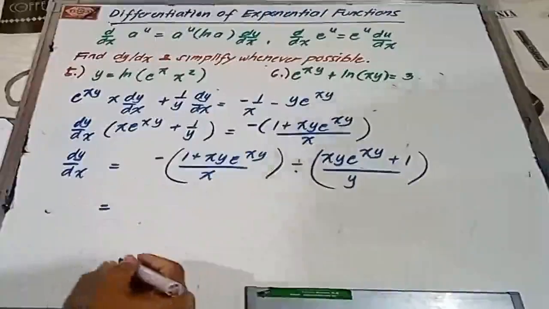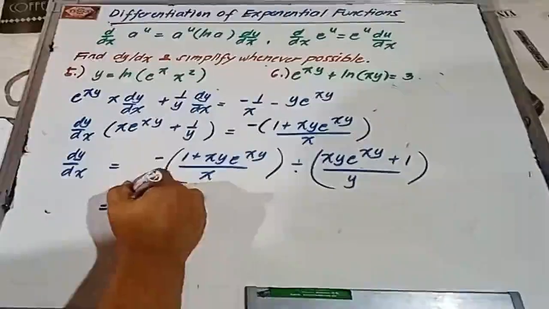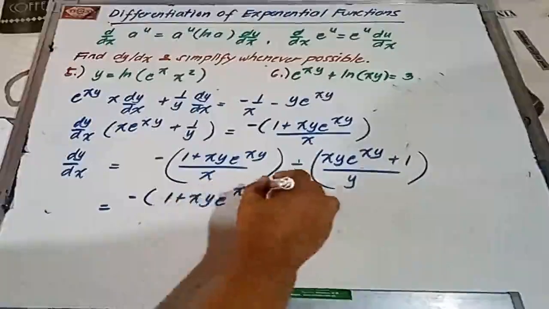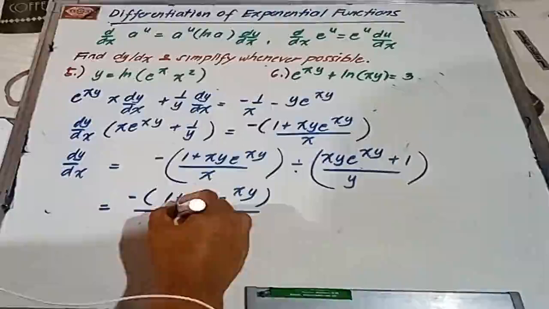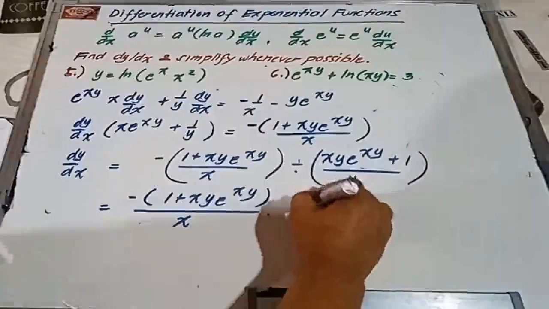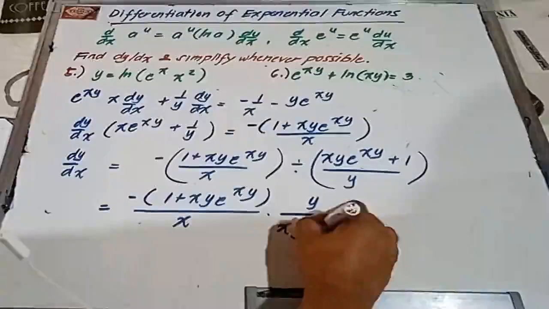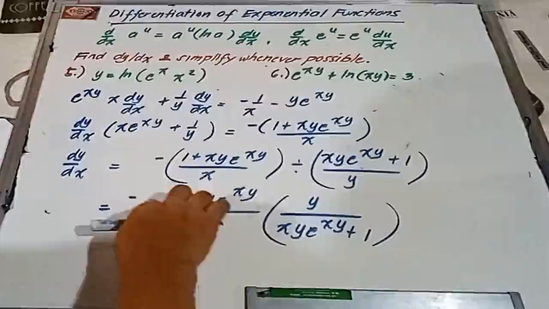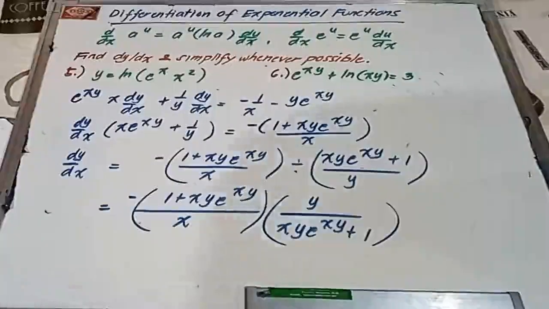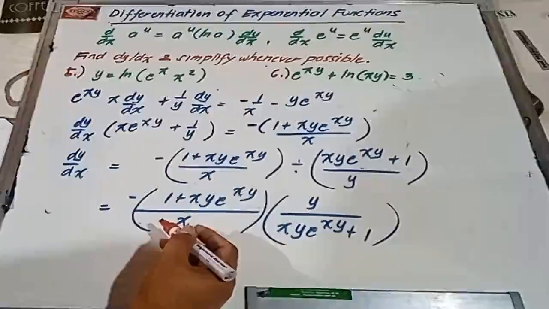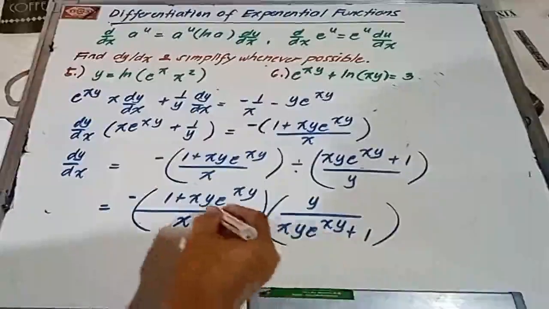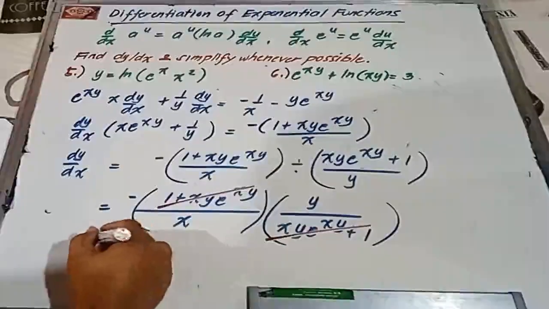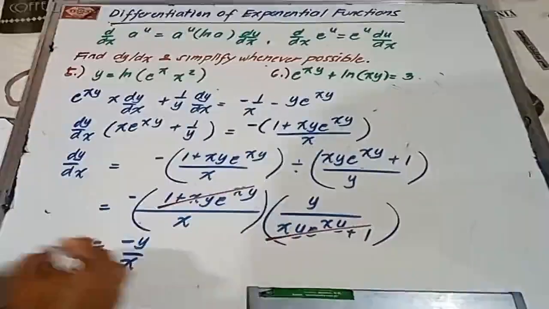So, we have negative 1 plus xy e to the xy over x times y over xy e to the xy plus 1. Lagyan natin sa buong parenthesis. So, pwede natin cancelin yung 1 plus xy e to the xy kasi parehas na parehas naman. So, therefore, ang final na answer natin is just negative y over x. Negative y over x. Okay?